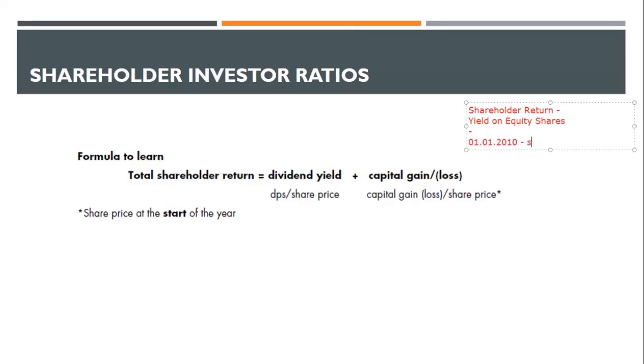So let's suppose that on 01/01/2010 share price was $20. Then on 31st December 2010, dividend $3 was given. Then the share price was $22.